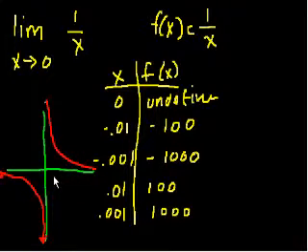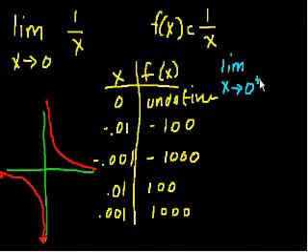So in this situation, let me give you a different notation, which you'll probably see eventually, and I might actually do a separate presentation on this. The limit as x approaches 0 from the positive direction, that's this notation here, of 1 over x. So this is as x approaches 0 from the positive direction, from the right-hand side.